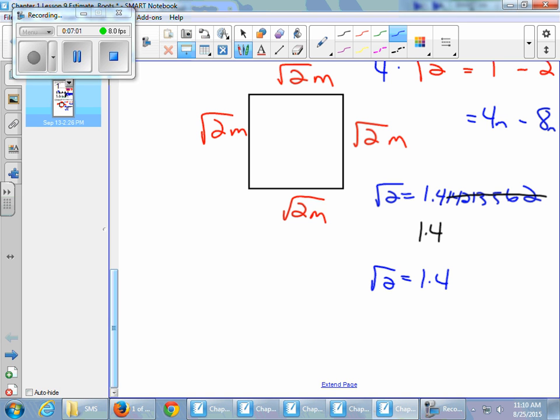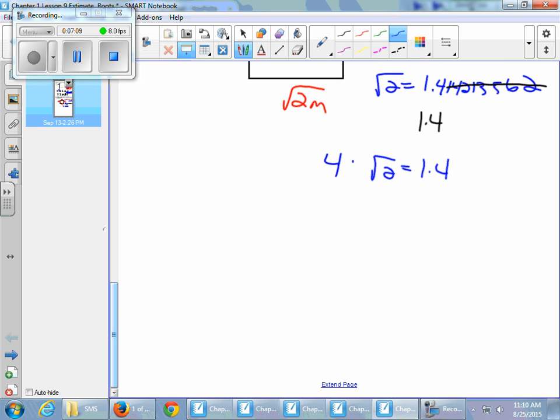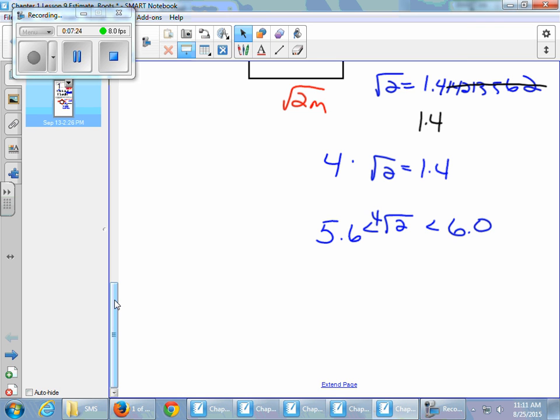Once again, remember, that's just one side of our fence. We need all 4 sides for our yard. So multiply that times 4. And now that's going to give us 5.6 and 6. And somewhere between there is 4 times the square root of 2. And between 5.6 meters and 6 meters is how much fencing we're going to need.